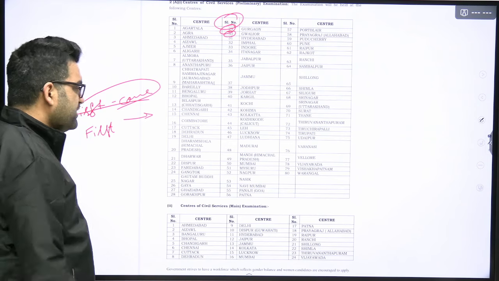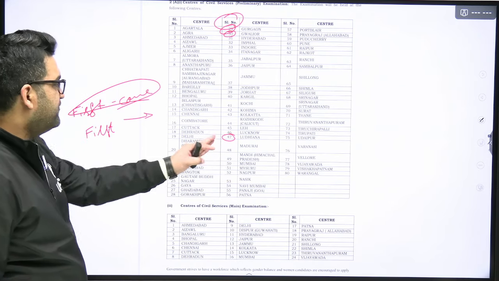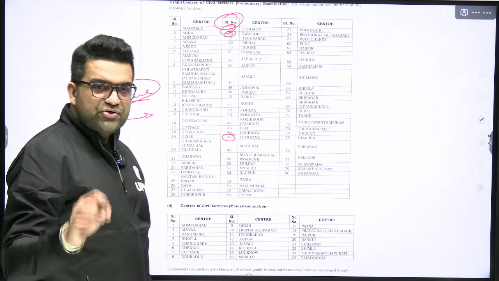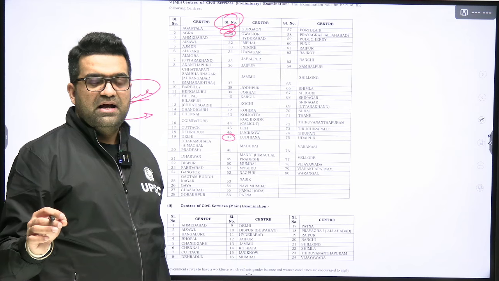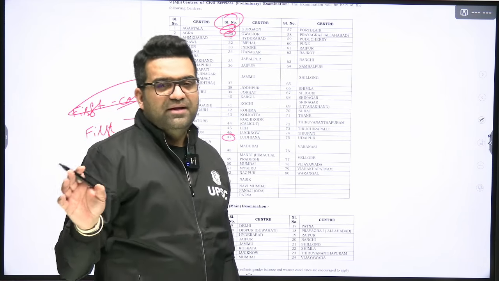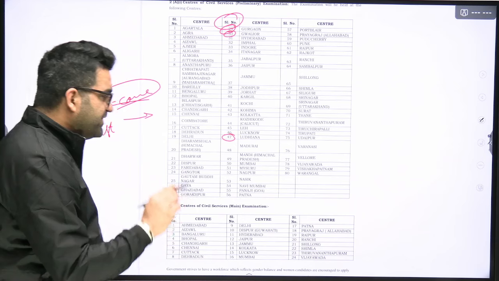Delhi has 47. Anybody who wants to fill up Delhi as the center should fill up the form at the earliest. Now, having said that, in your rush to get Delhi, do not fill up the form in the wrong way, right? So have the details handy.